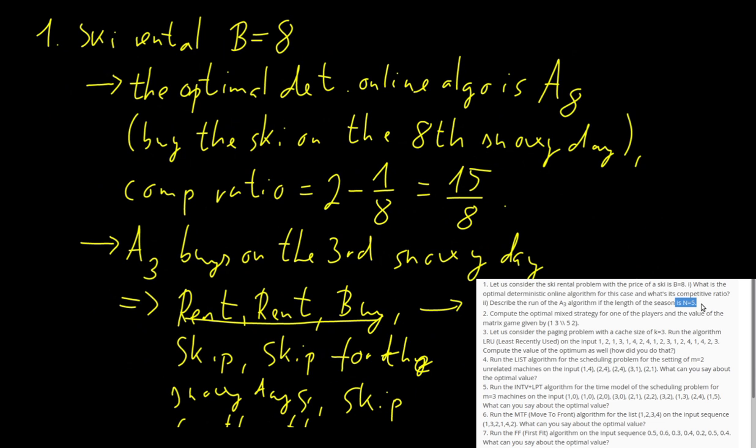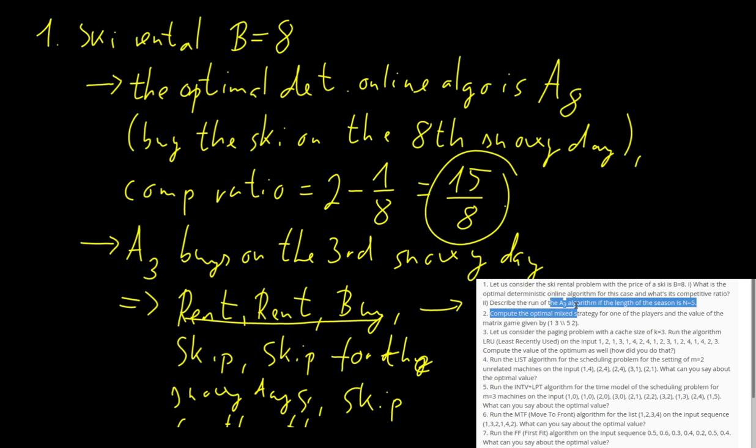So basically for the ski rental problem you are just having these sort of questions. I will give you the price of the ski, and you should say something about the best possible algorithm, which is always A_b. That's where the b comes in, and there is a formula for the competitive ratio, but that's all.